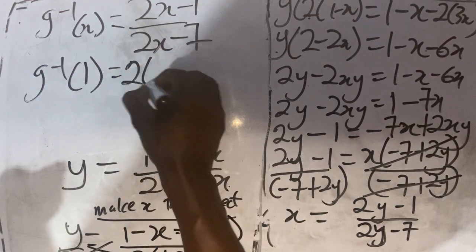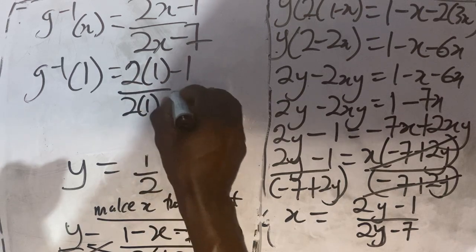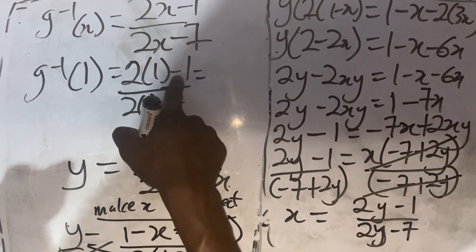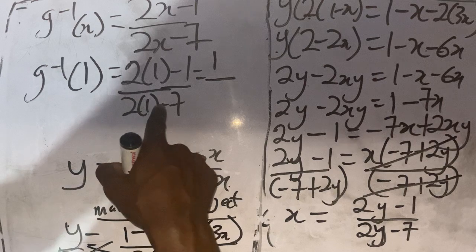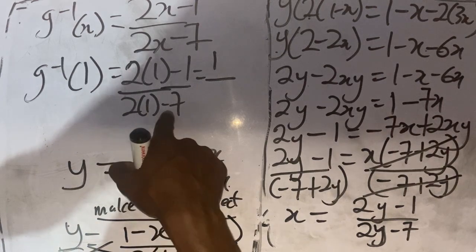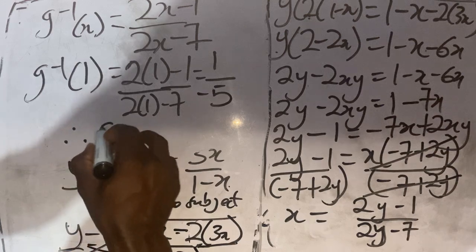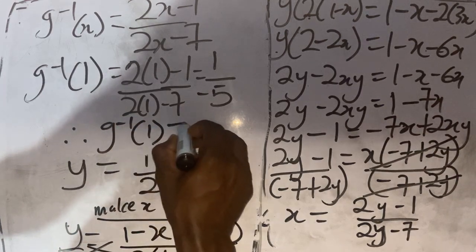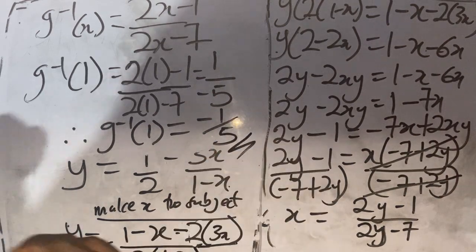I have 2 into bracket 1 minus 1 over 2 times 1 minus 7, and that gives us 2 times 1 gives me 2 minus 1, I have 1 over 2 times 1, that is 2, and then it becomes 2 minus 7, which is just negative 5. So therefore I can conclude that the image of 1 under the inverse function is equal to negative 1 over 5 in this case, right?